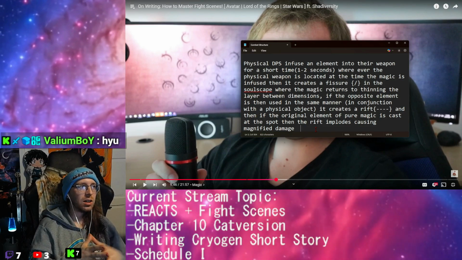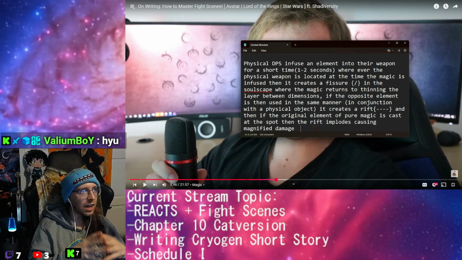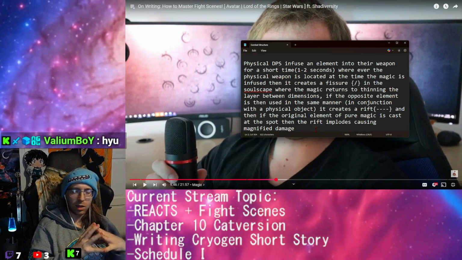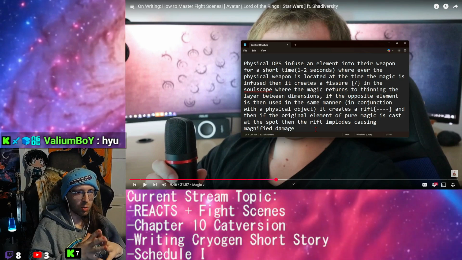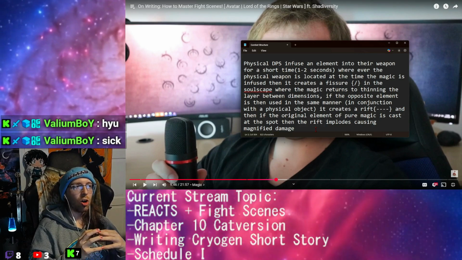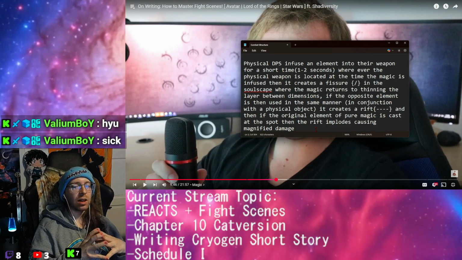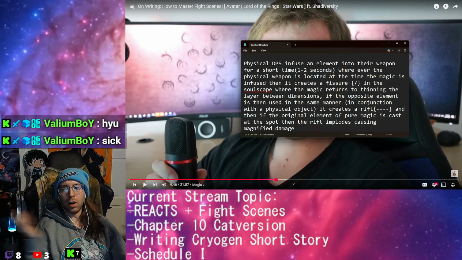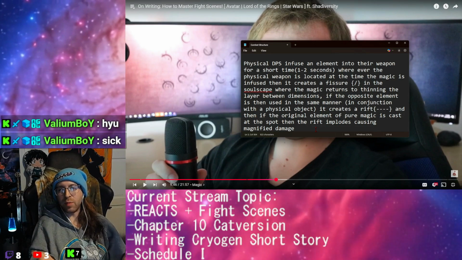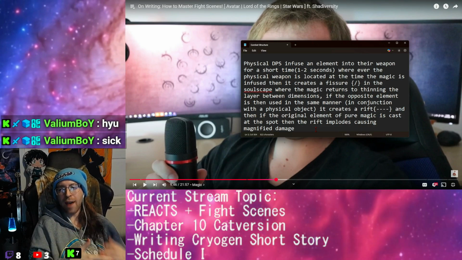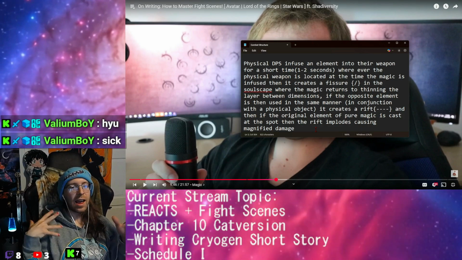We are doing fight scenes today, how to master them. And we are describing in some way, shape, or form the combat structure of magic and how it basically works. So you'd have a minimum amount of melee or ranged, so you don't even have to have melees, and the melees and the tanks stay in the back, and it's usually just ranged and mages.